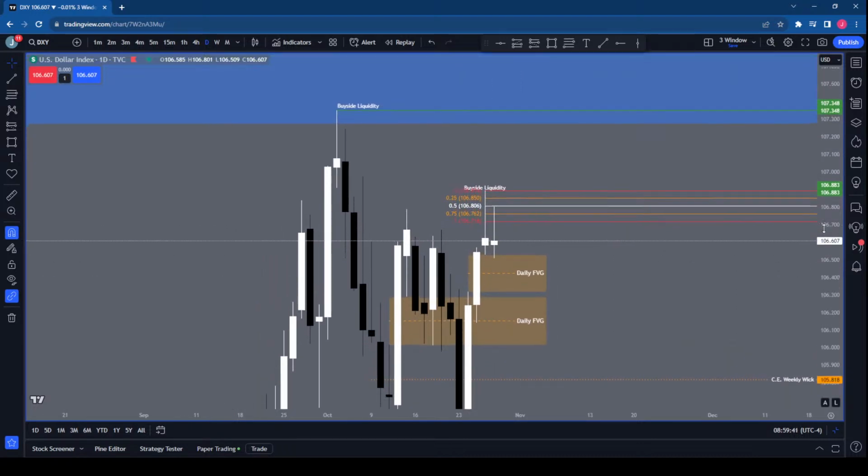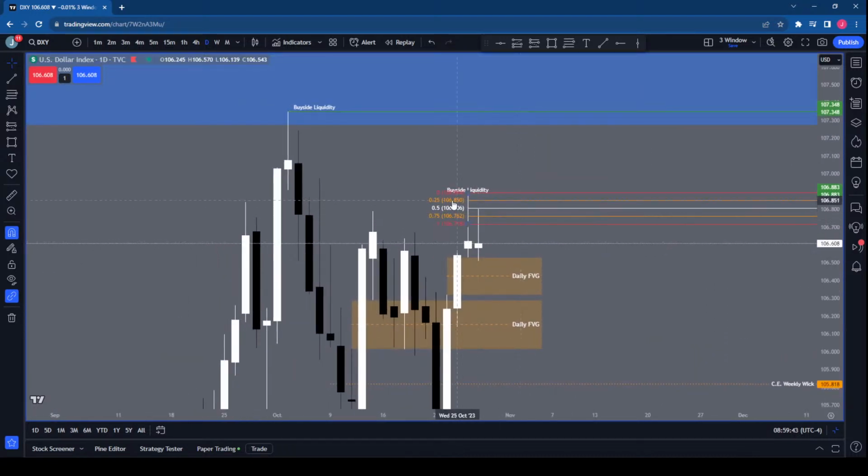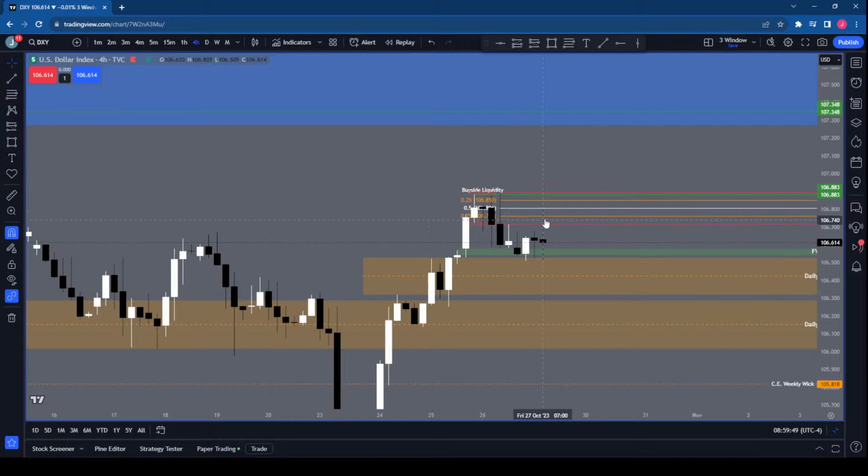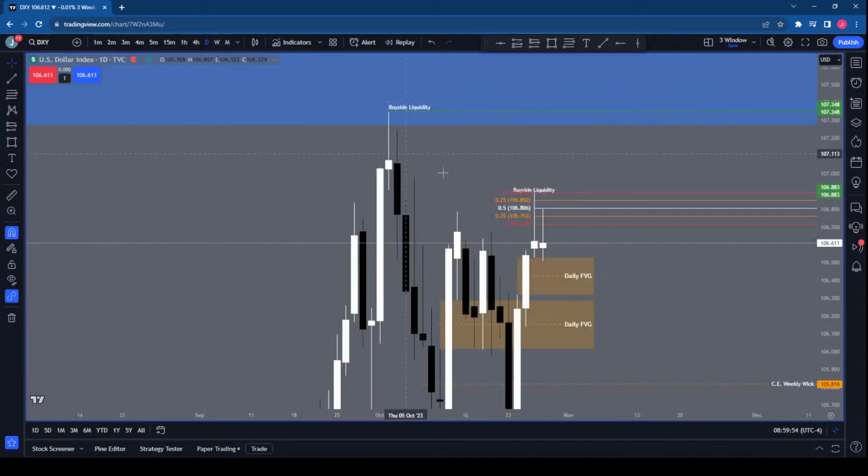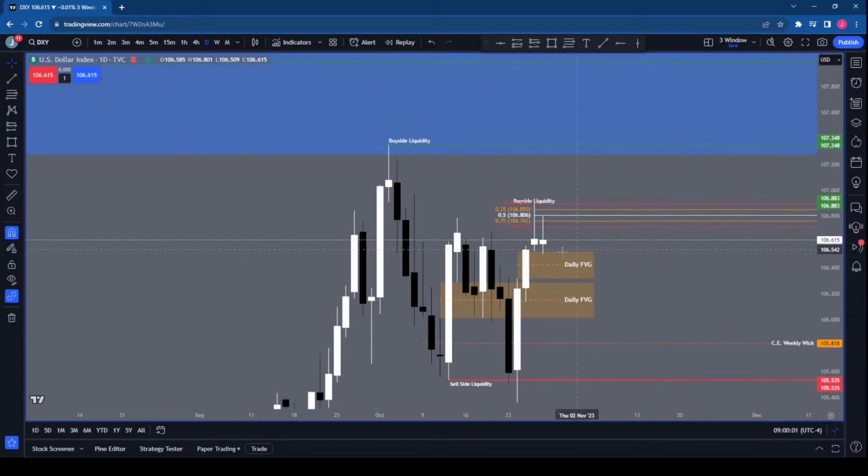So that's leading me to believe we're not going to see higher prices on the dollar today. There is a chance that this is the high. It doesn't mean the dollar's going lower. I would want to make sure it respects this daily fair value gap, specifically the consequent encroachment of it.